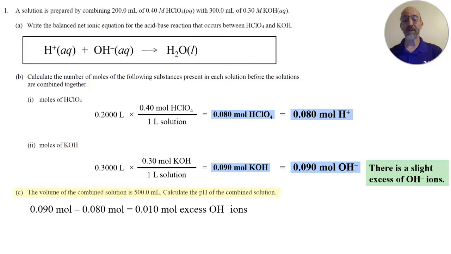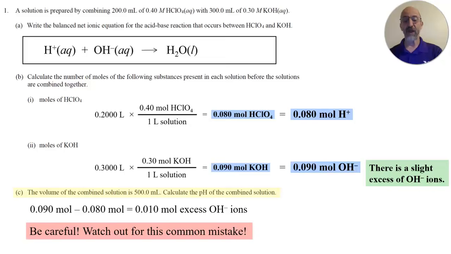Now, at this point in the stress or the anxiety or the rush of taking the AP Chemistry exam, some students are about to make a mistake. They're so close to answering part C of this question, calculate the pH of the combined solution, that they are going to make a mistake because they pick up their calculator and they take the negative log.